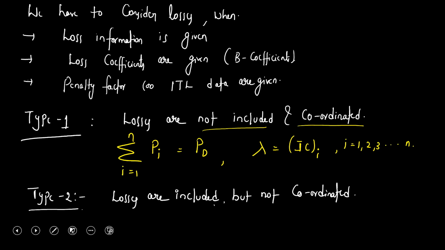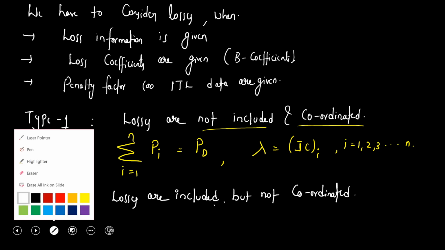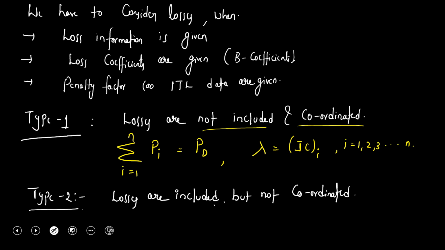Here we have to include the losses. That means the summation of Pi, i equals 1 to n, should be equal to PD plus PL. You have to include the losses. That means the sum of all generations must be equal to PD plus PL.